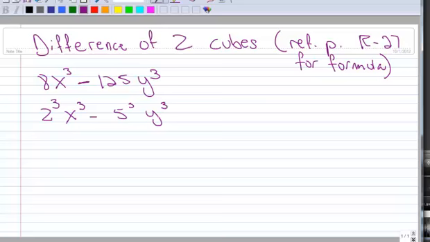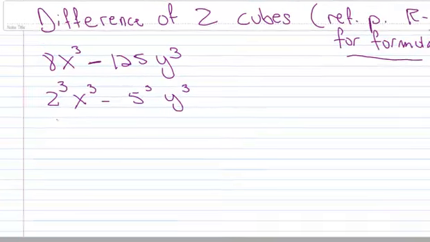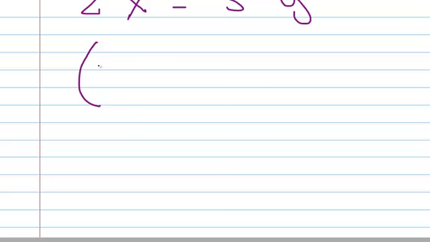So I'll confess to you, I do not memorize these formulas because I use them so seldom. So here they are on page R27. That's the section in the back of your book. The formulas are right there, and just refer to them. So let me just go and demonstrate how this works. So when I factor this out based on the formula in the back of the book, I'm going to have a 2 and an x and a minus, a 5, and a y.